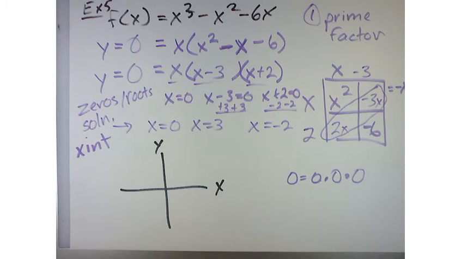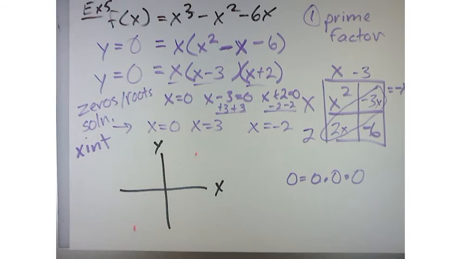Third degree polynomial. Where does it come in at usually? On the bottom. So usually this comes in at the bottom. Where does it go out? The top. Good.